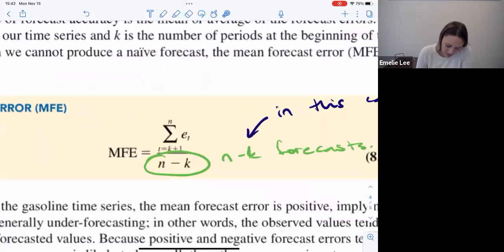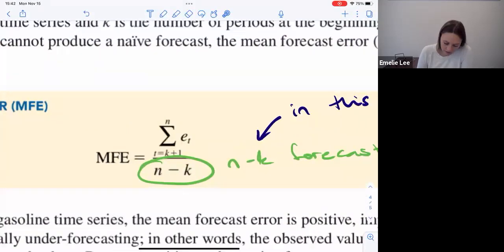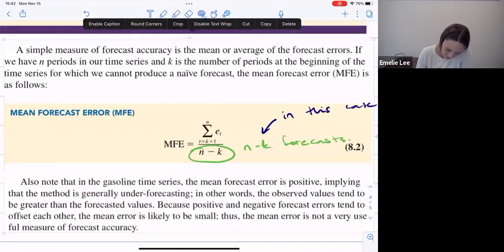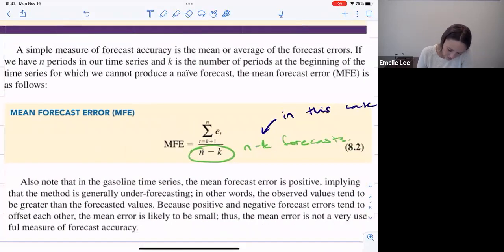If we zoom in here, it's hard to see, I know, especially because I drew over it. How about that? So the sum goes from t equals k plus 1, and that's because the errors don't start until k plus 1.